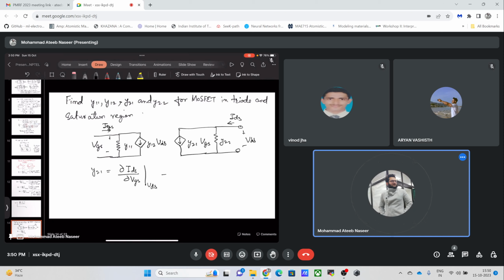In triode region, the equation for this current is simply mu n Cox W by L times (VGS minus VTH) into VDS minus VDS square.